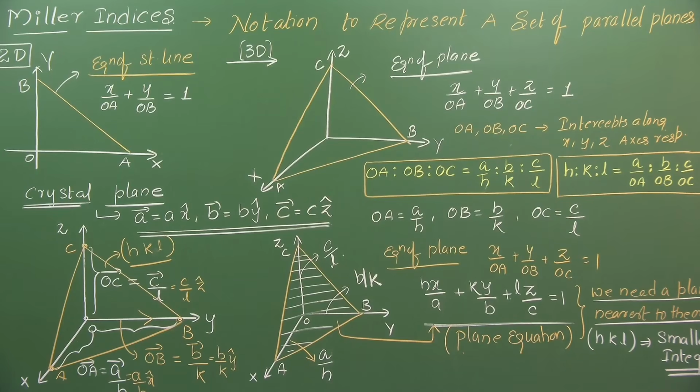Please understand and write. Some points I explained. If you want, you please write those things. They should not be rational numbers, whole numbers. That's why we are multiplying with LCM.